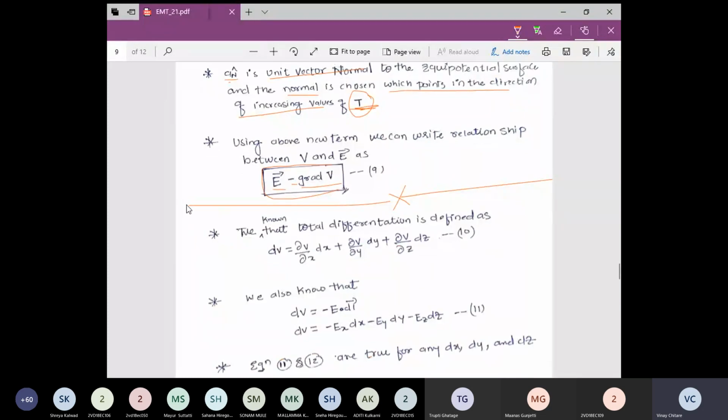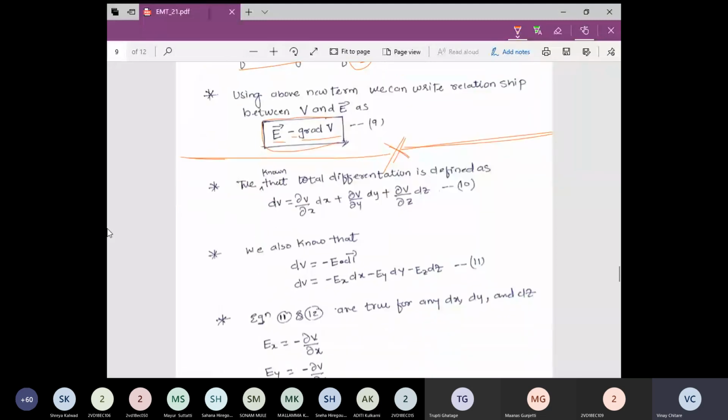Next, we need some formula or expression to compute the electric field from a given potential field. We know that the total differentiation is defined as dV, which is dou V by dou x dx plus dou V by dou y dy plus dou V by dou z dz.